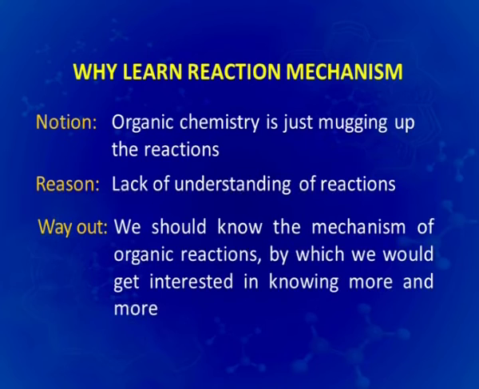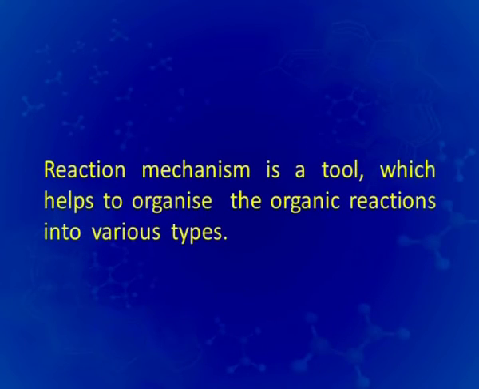Well, we should know the exact mechanism of the organic reactions, by which we would get interested in knowing more and more. We can say, to the extent that reaction mechanism is in fact a tool which helps to organize the organic reactions into various types, as we shall see later.